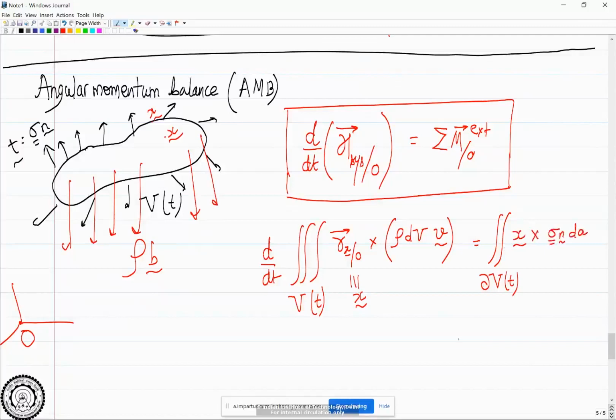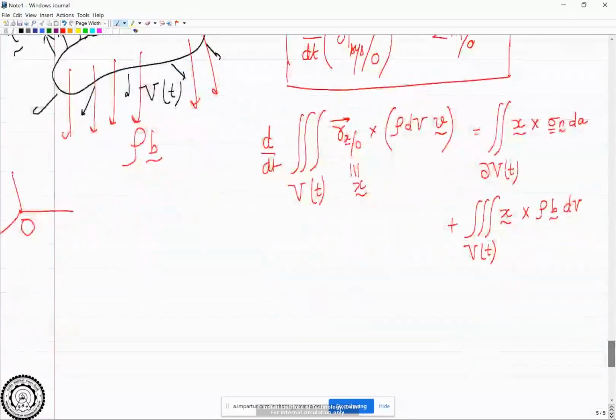All right, and then you have the moment due to the body force, and that's again x cross product rho b dv. All right, so this is the net balance.